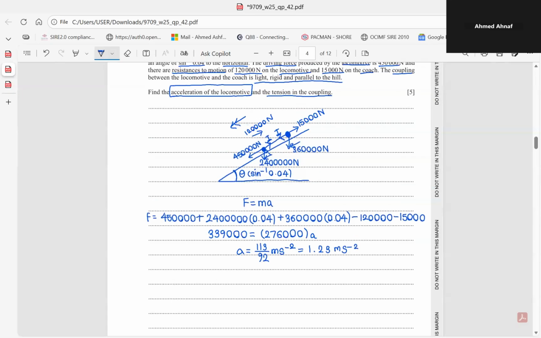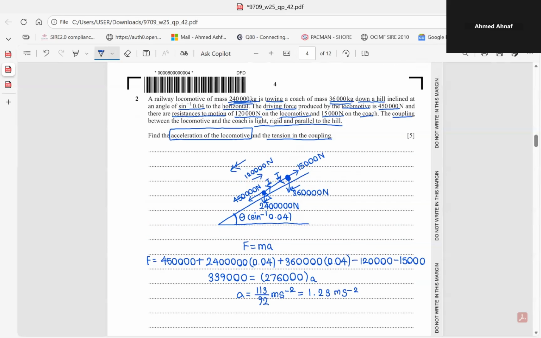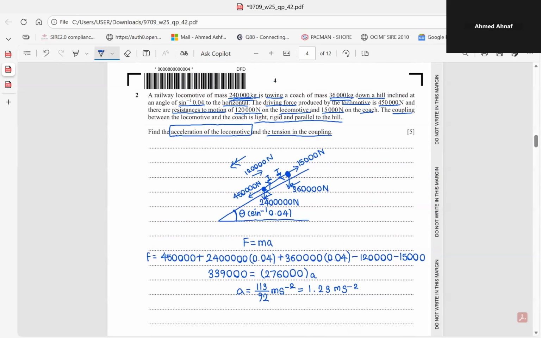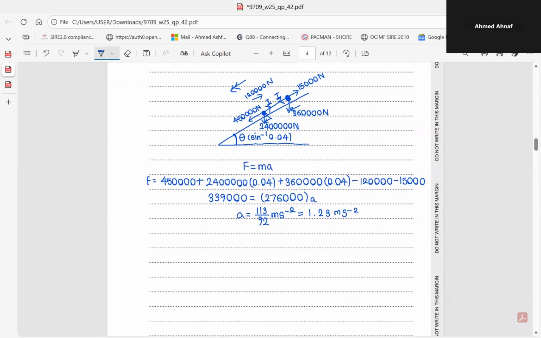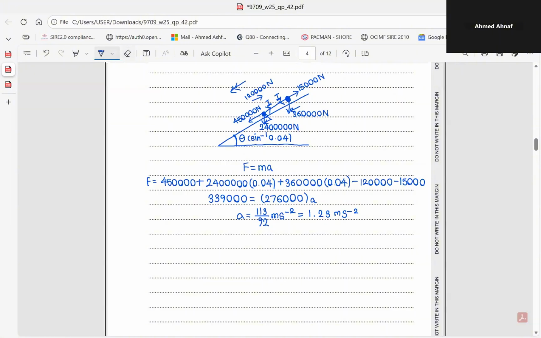Okay, let's see if I did everything correctly. 240,000. Okay, so I just realized I might have made a typo here, when I was typing this whole expression into the calculator. So this is actually supposed to be 425,400.